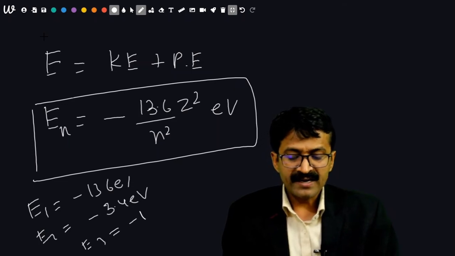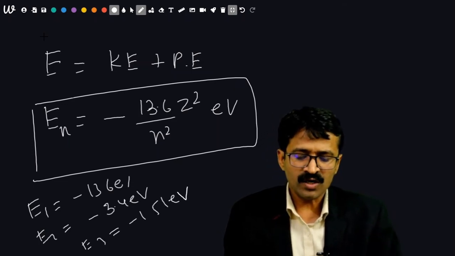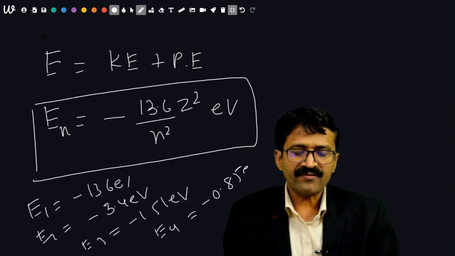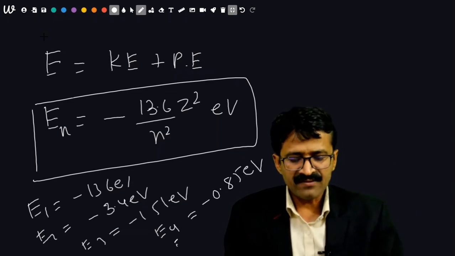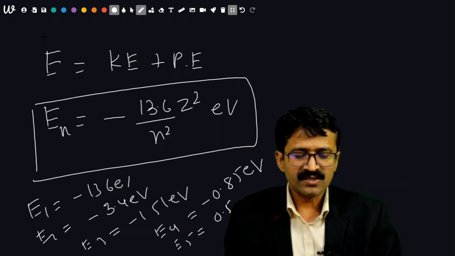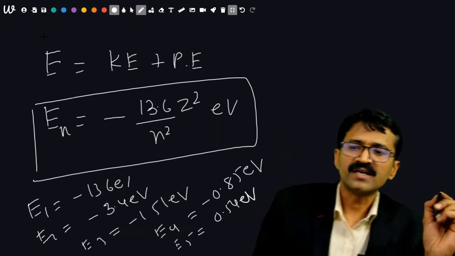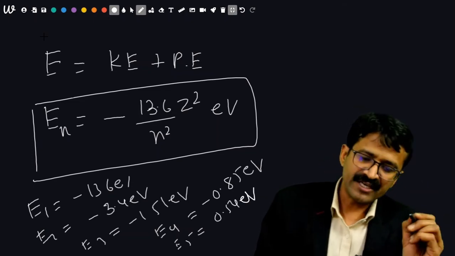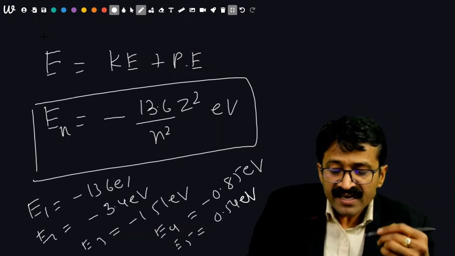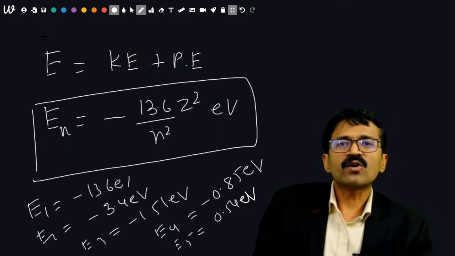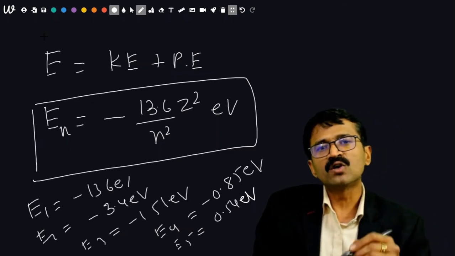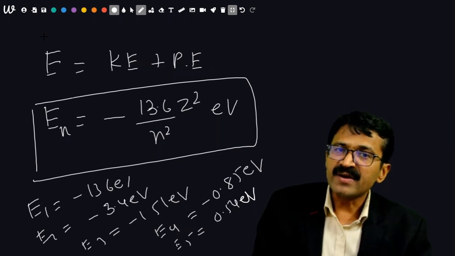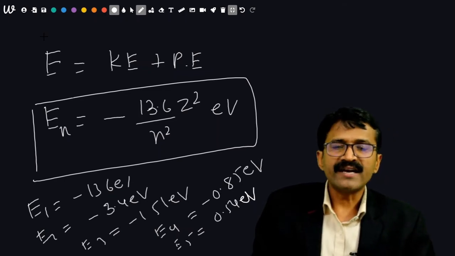E3 minus 1.51 electron volt, E4 minus 0.85 electron volt, E5 that is minus 0.54 electron volt. These are the few values which are essential for this determination. These are very helpful whenever an electron is transiting from one energy level to another energy level and we have to find the energy emitted. This is all about the energies.